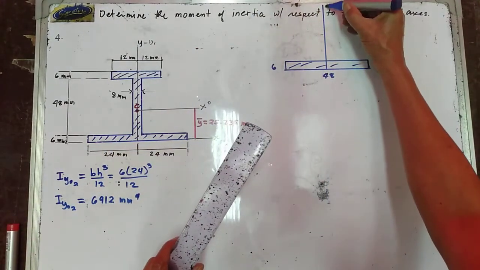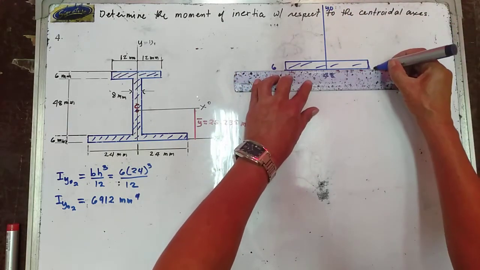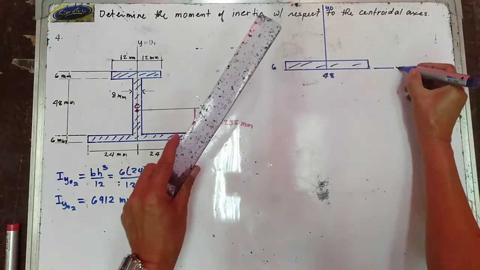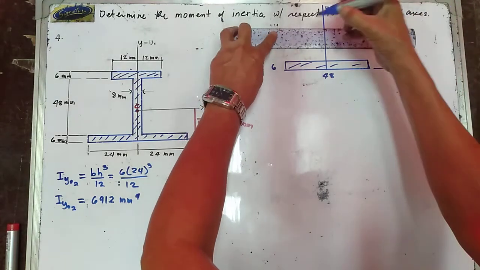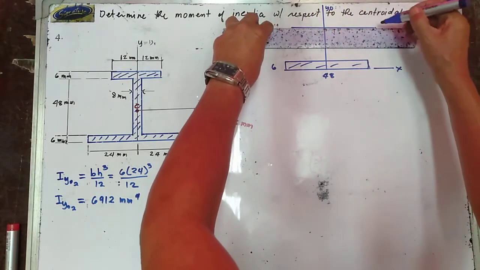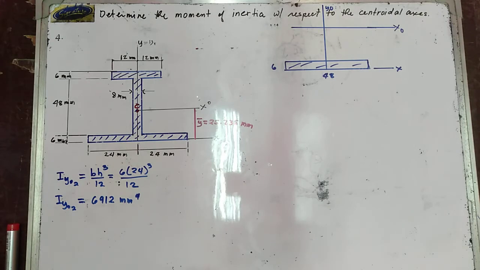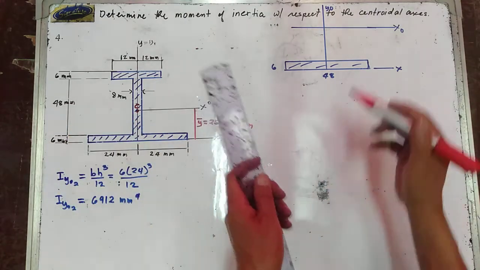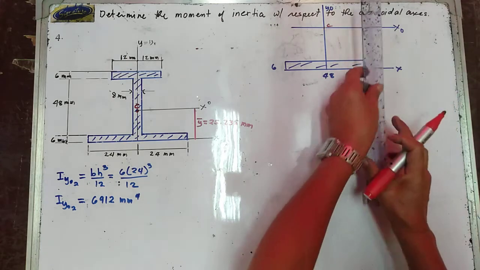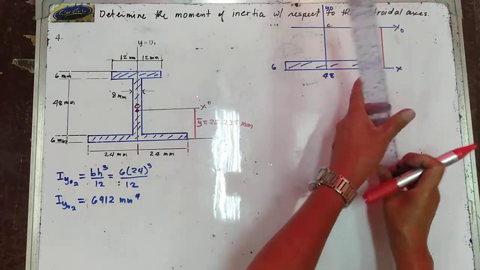This is your y sub o. This is the x-axis, and this one in here is your x of o. The distance from the given x-axis is 25.235.